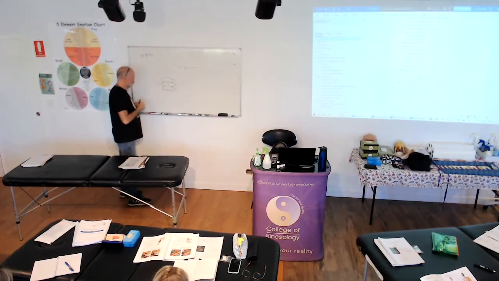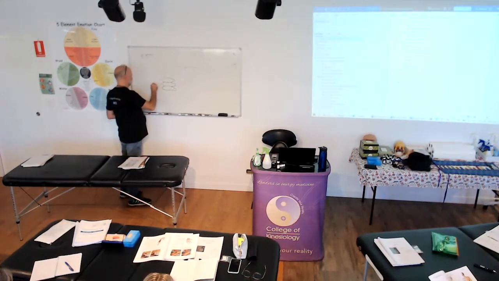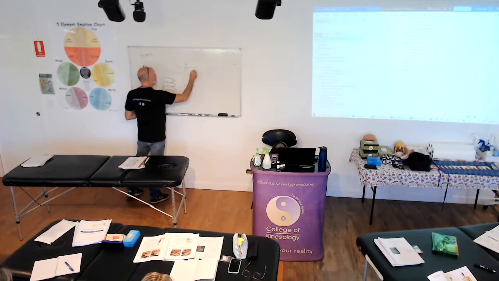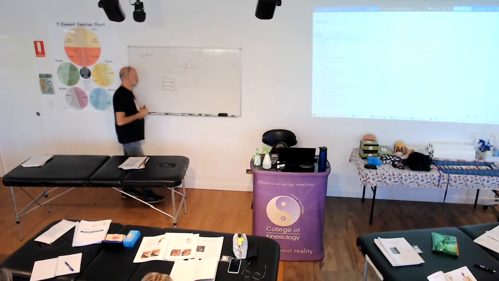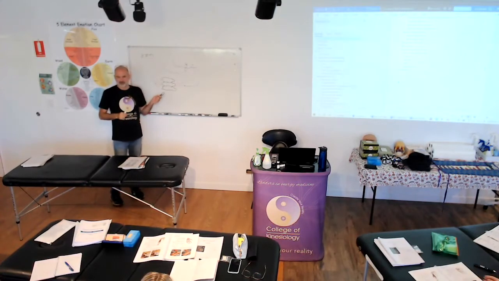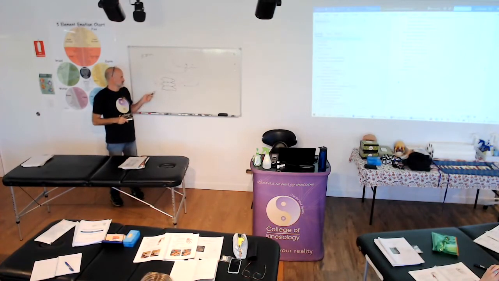You've got the Golgi tendon and the spindle cells going back into the brain, spinal cord. So there's a neurological communication between the muscles, all the joints, and the bones.